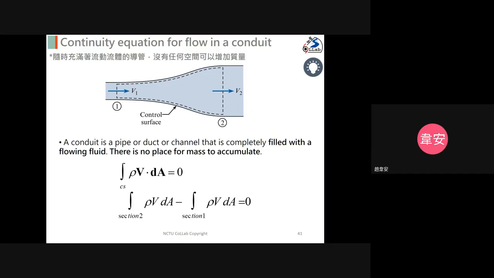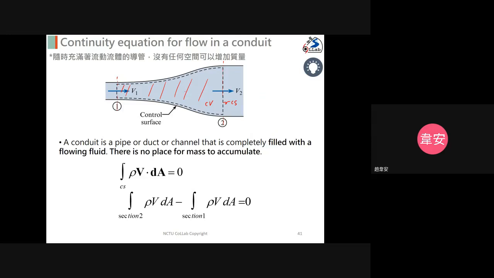Because this is a conduit, we have the cross-section area at location one, and there is a cross-section at location two, and we depict the control surface like the figure shown here. So the inside is our control volume, and this is the control surface.